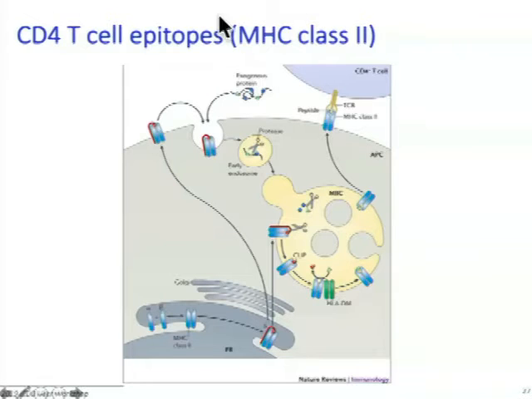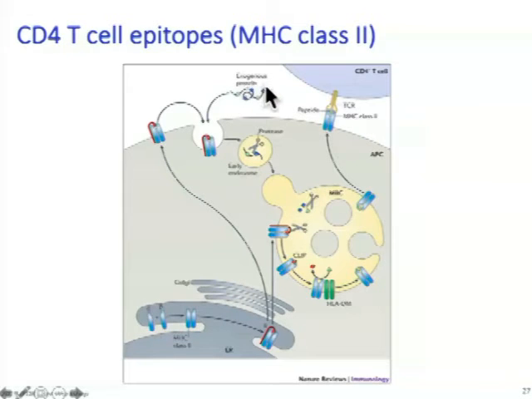So CD4 T-cell epitope predictions, or MHC class 2 restricted epitope predictions, are specifically focusing on primarily exogenous proteins that are taken up by professional antigen-presenting cells, where these proteins are cleaved by proteases.